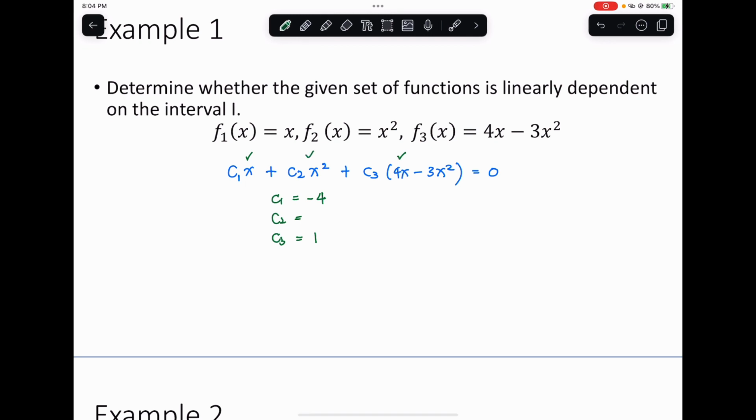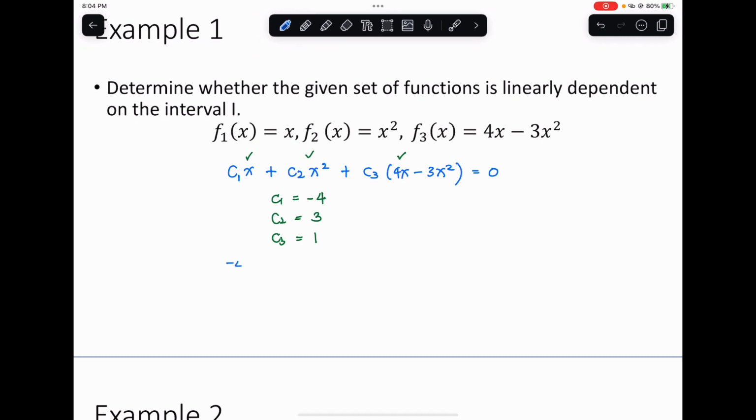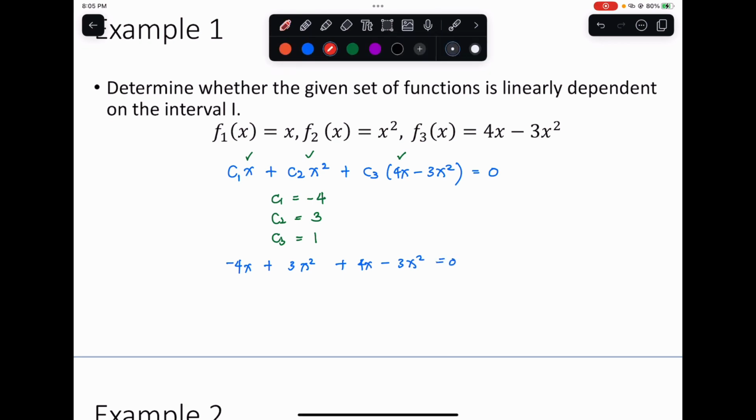Here I have x squared, so I could make c sub 2 equal to 3. Once I substitute: c sub 1 is negative 4 times x, plus c sub 2 is 3 x squared, c sub 3 is 1, so that would be 4x minus 3x squared, which is equal to 0. Negative 4x plus 4x is 0, and 3x squared minus 3x squared is 0.